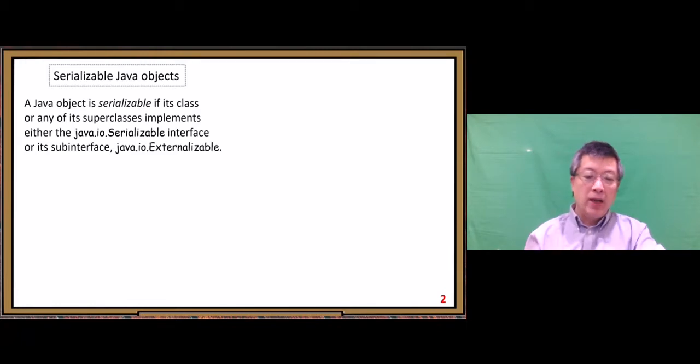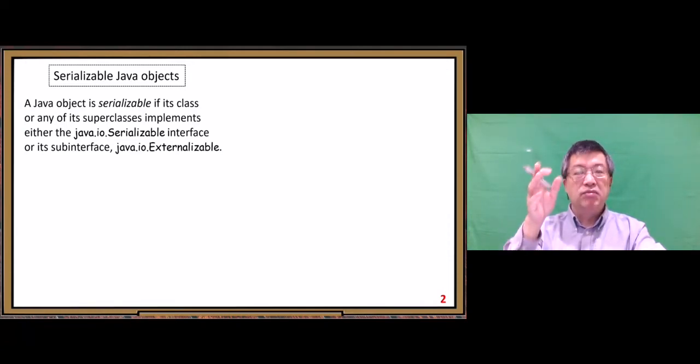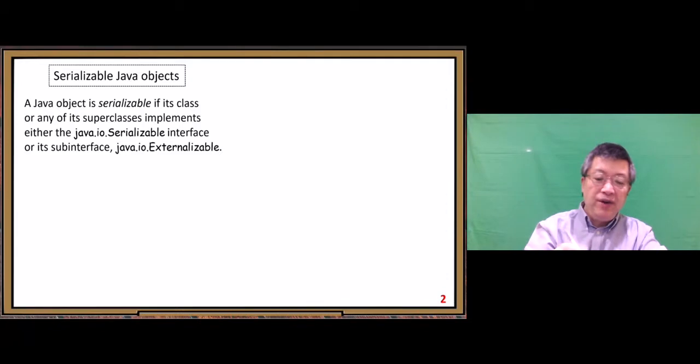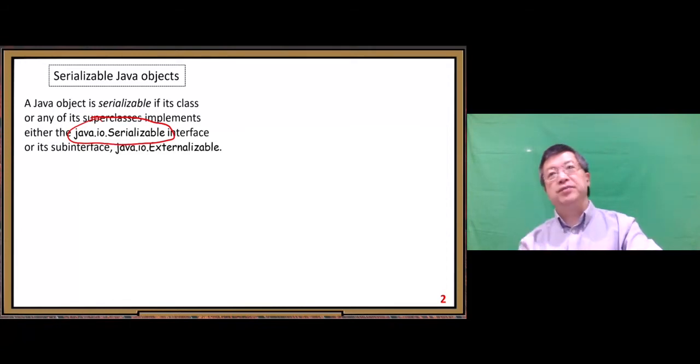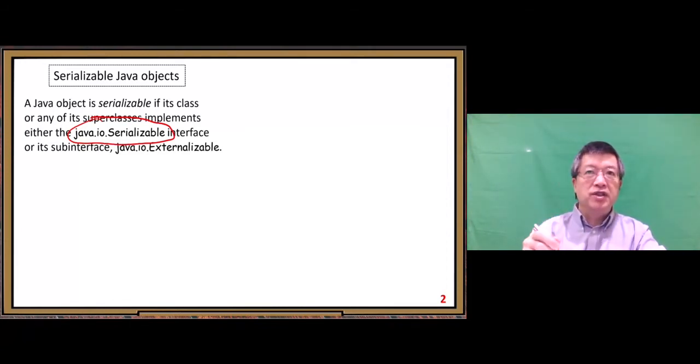A Java object is serializable if its class or any of its superclasses implements either the Serializable interface or the subinterface Externalizable.